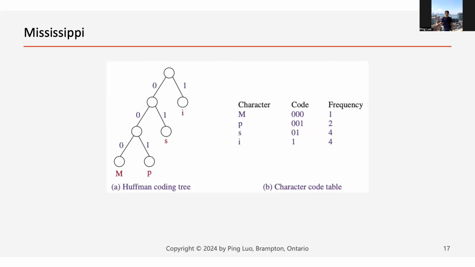We can reach M, which means its frequency is 1. Similarly, T is 0, 0, 1. We know binary 0, 1 means 1, right? But in the frequency table, 1 represents 2. So we can use this table and this specific tree structure to figure out how many characters are in that word.